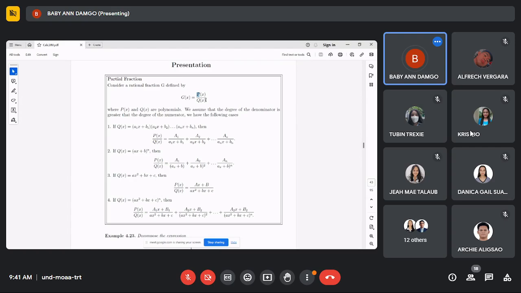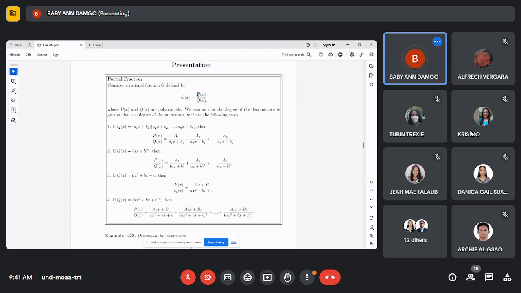Okay, so from here, by the partial fraction, this can be written as a over x plus 1 plus b over x minus 1. Okay, and then ang next nga buhaton is solve for the values of a and b. Okay, so ideally, a here is 1 and then b is 1.